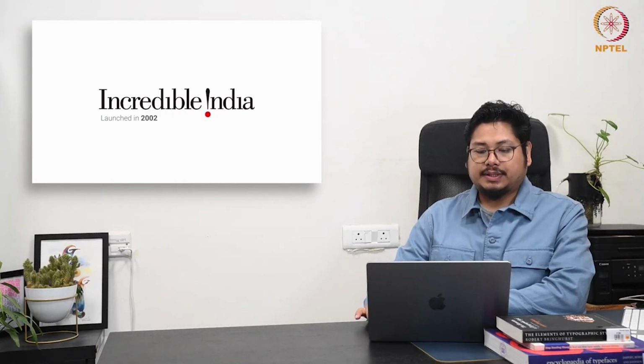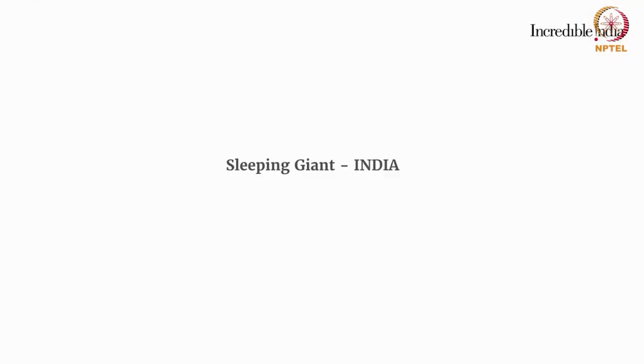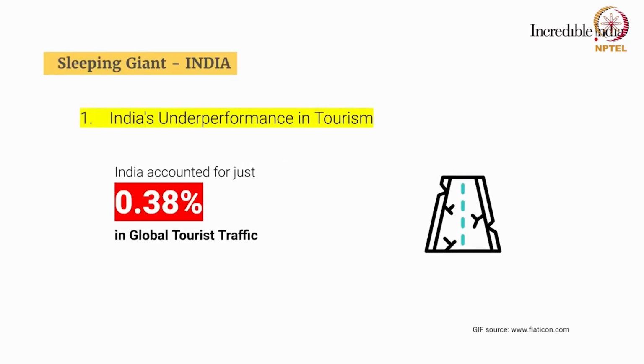So we'll start. Initially, especially in the tourism world, India was known as a sleeping giant, which is what the book by Amitabh Kant, Branding India, highlights. Because of this, the underperformance in terms of tourism was quite evident at that time.